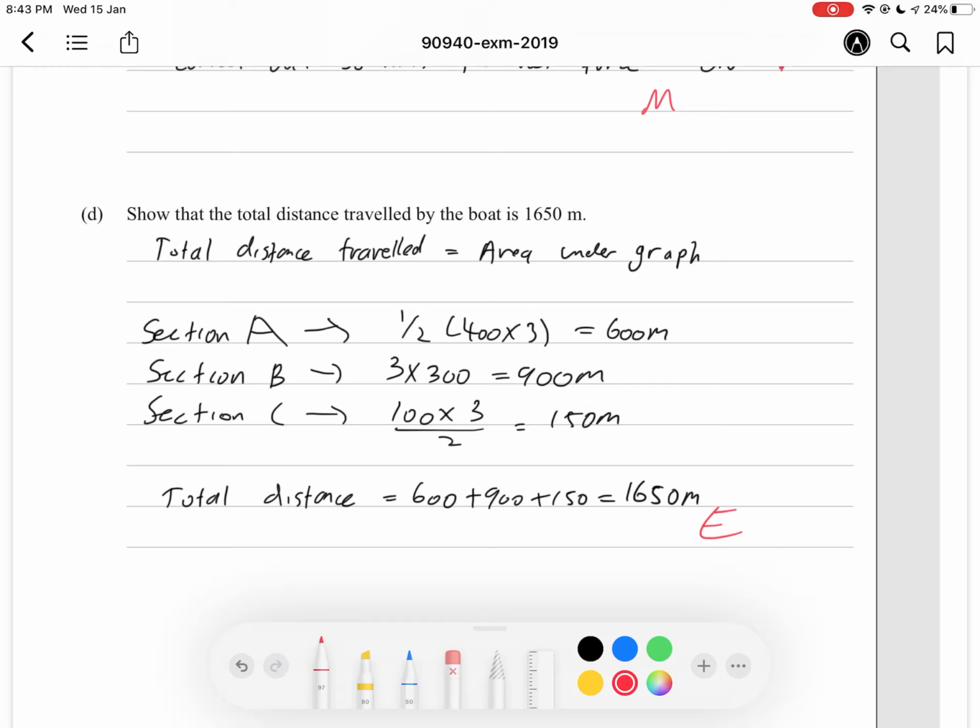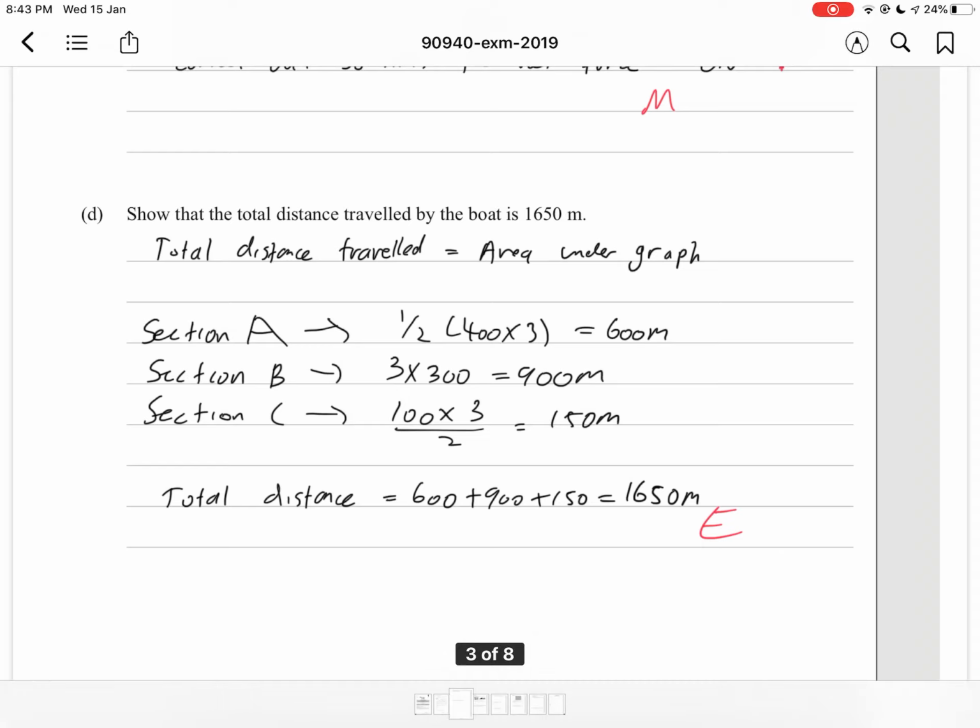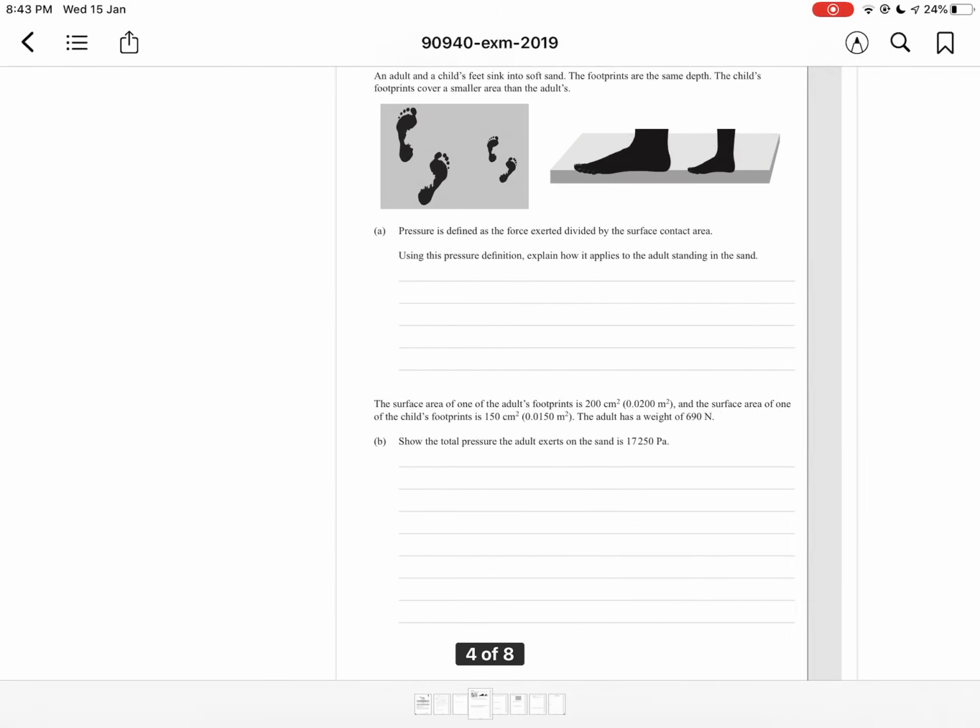A merit could either be a minor error, or it could be working out two sections' distance traveled. So either or, I'm not too sure. I don't have the marking schedule with me, so it's pretty hard for me. So sorry, guys.